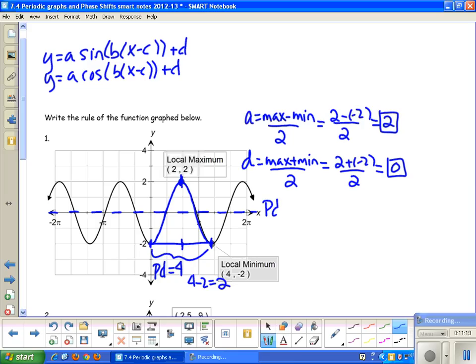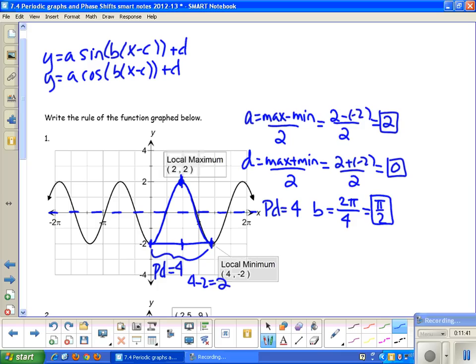So that gives me the period of my graph to complete one wavelength. If that's the period, then we can figure out our b value by using our equations. My b value is equal to my parent graph period, 2 pi, divided by the new period, which in this case is 4. So my b value would be pi over 2.